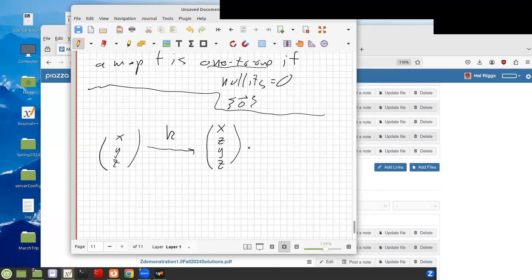See if you can work through that for this map H, and then maybe you can ask questions when you get stuck.